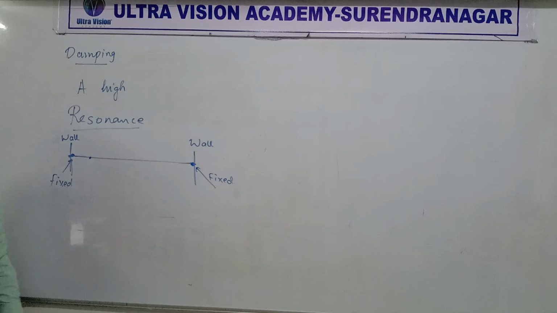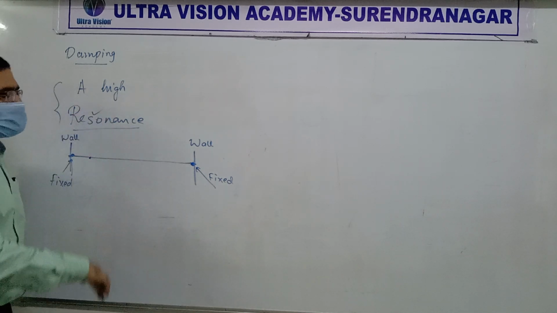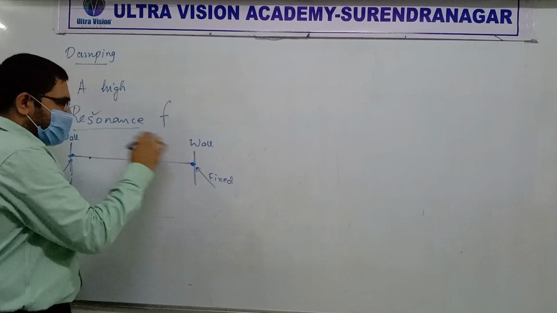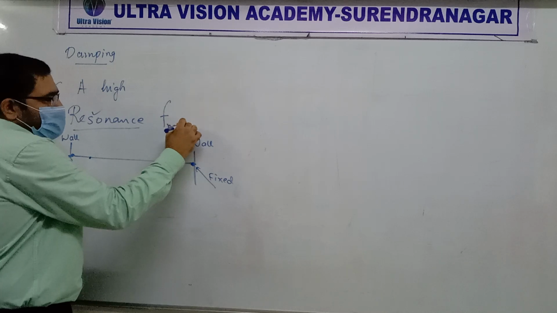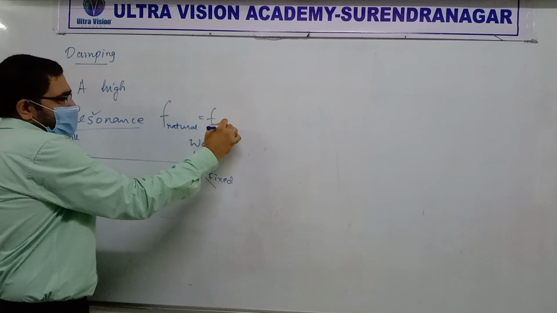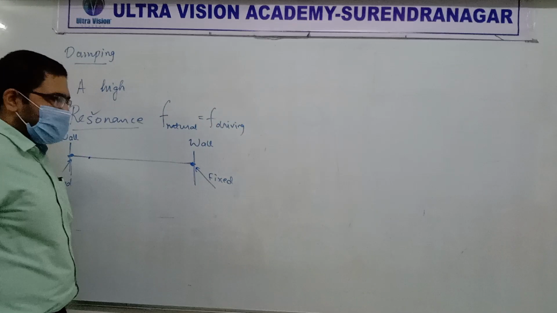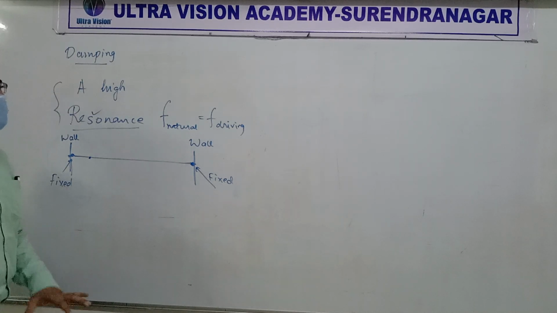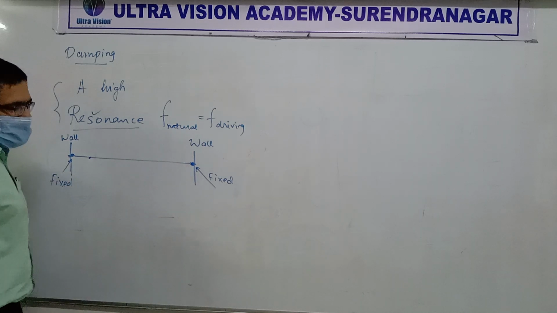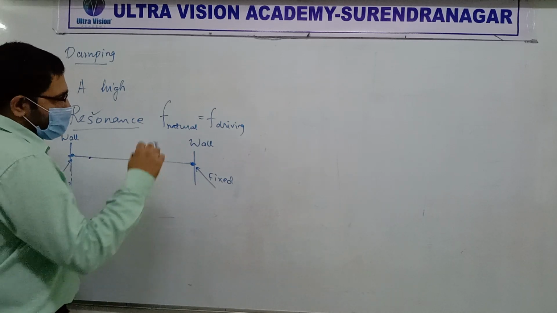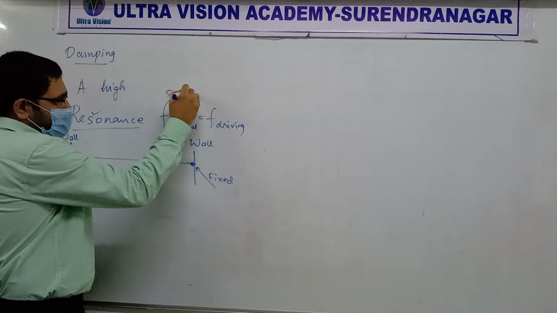Now, like I said, if you want the amplitude to remain high, it is necessary that resonance occurs, that is, the natural frequency of this oscillating thing should be equal to the driving frequency or driving force frequency. For example, suppose the natural frequency of oscillation of this string is 500 Hertz.